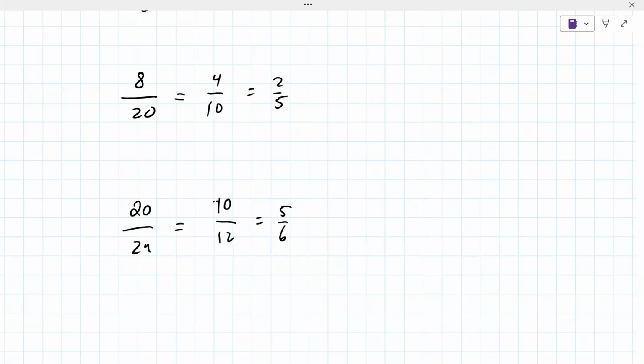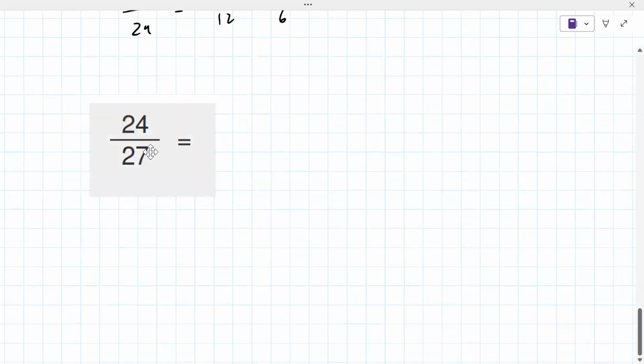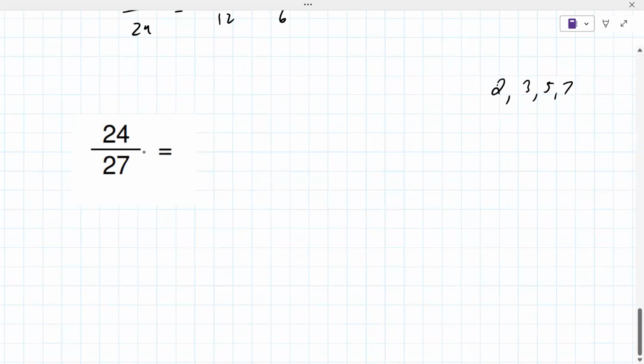Okay. So let's look at a couple more here. Let me start snipping these in. Okay, how about 24/27? Again, you always start with 2, 3, 5. You actually don't need to get very high in this list.